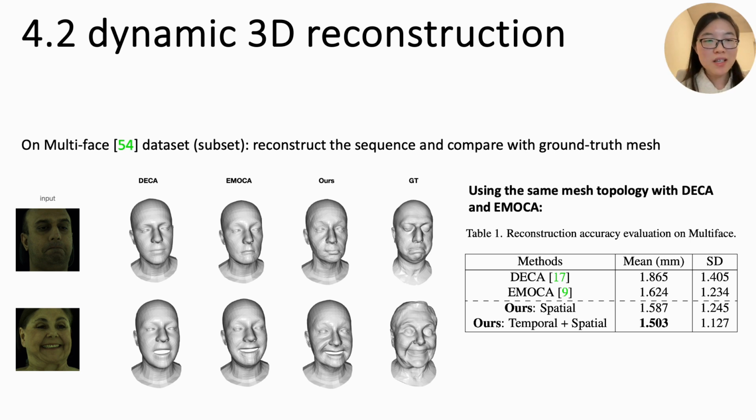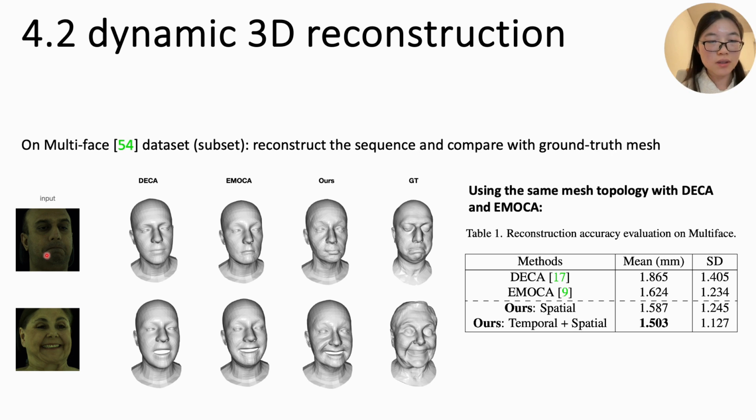In this page, we also show an evaluation on the dynamic 3D faces. We evaluate the accuracy of 3D reconstructed faces on a recently published dataset, Multi-Face, and we evaluate on a small subset. We reconstruct the image sequence and then compare with the ground truth mesh sequence.